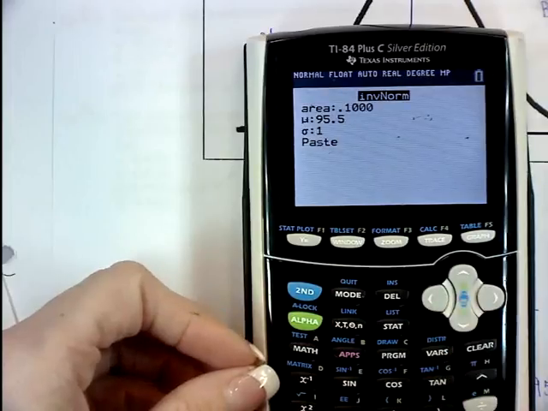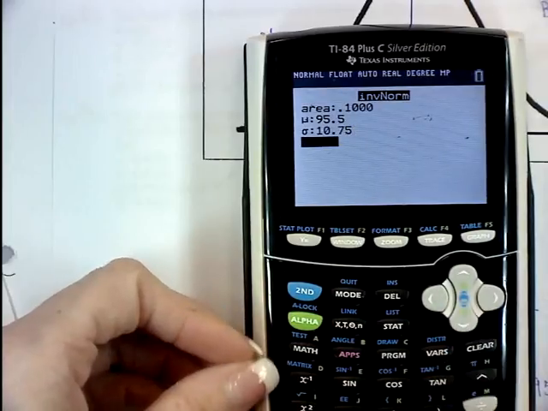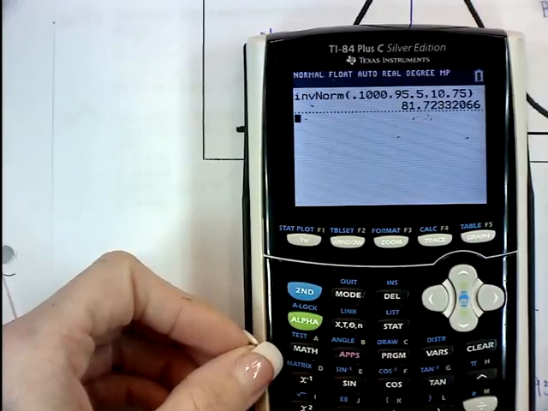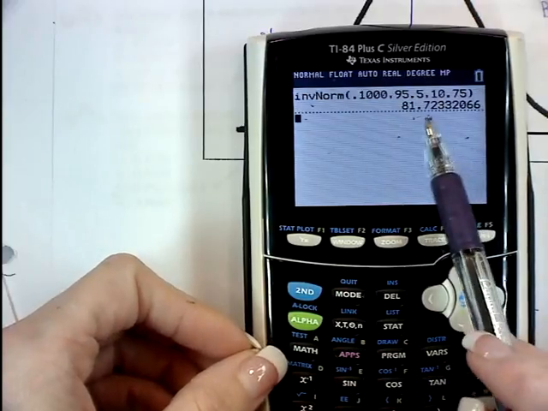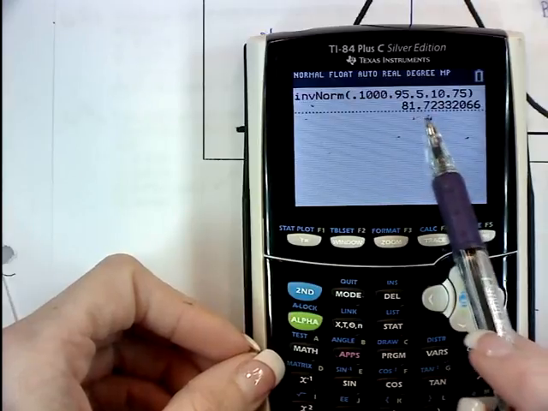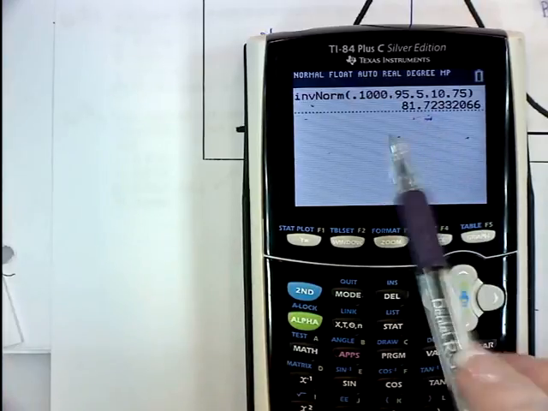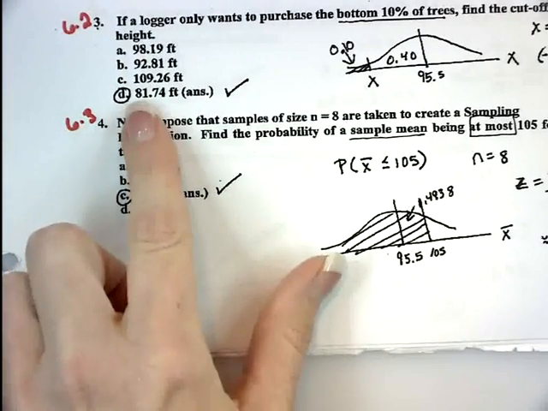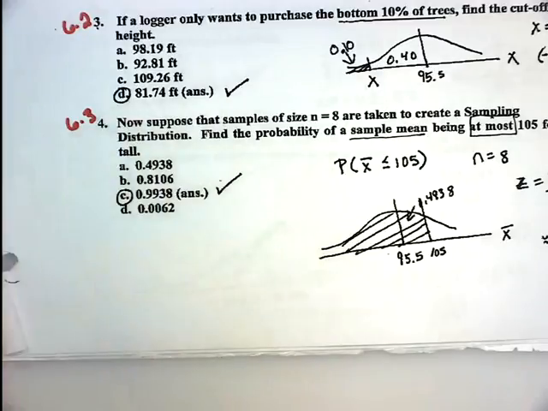The standard deviation is 10.75, and paste. And you have 81.72. So that is different from what we received by hand, 81.74. But this will not be an answer choice. The answer choice is 81.74, which is letter D.